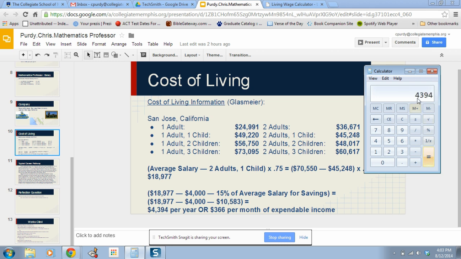Altogether now, that's $4,394 left over per year of expendable income. Or if you want to see on a per month basis, let's divide that figure by 12, and we'll get $366 per month of expendable income that you may spend on things like clothes or purses or books or whatever the next thing is that you would like to purchase.